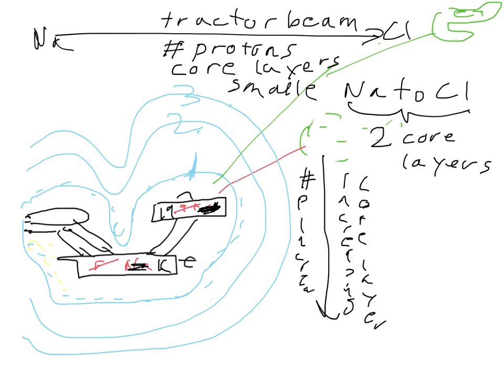And as you increase your core layers of electrons, that inhibits the pull of the nucleus. So your nuclear pull actually decreases, allowing your atoms to get larger.